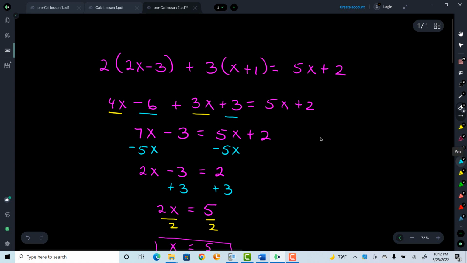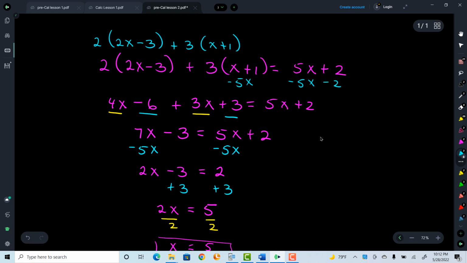So if we wanted to find the solution to this, we could rewrite this with everything on one side of the equation. So that means I'll subtract 5x from both sides, and I'll subtract 2 from both sides. So we're going to get minus 5x minus 2 equals 0.